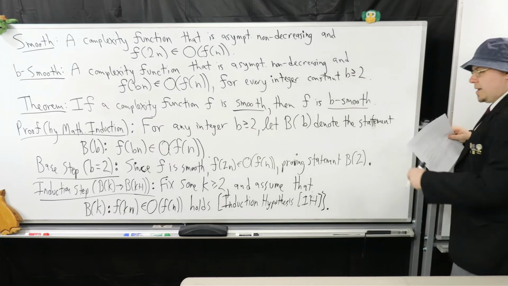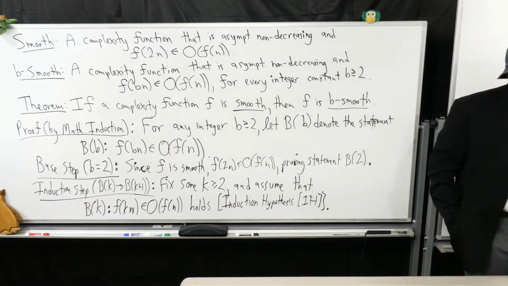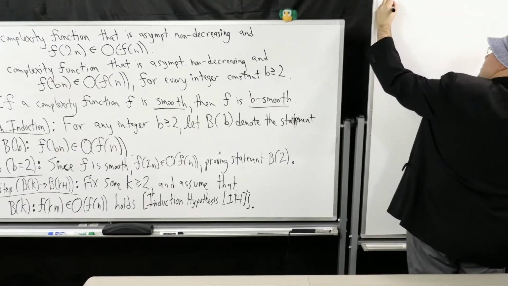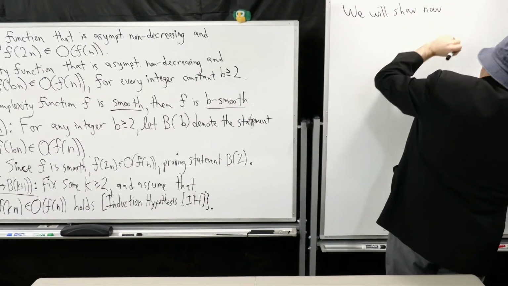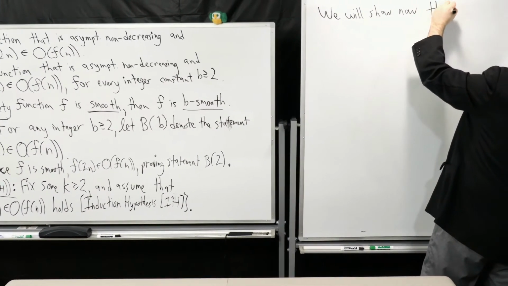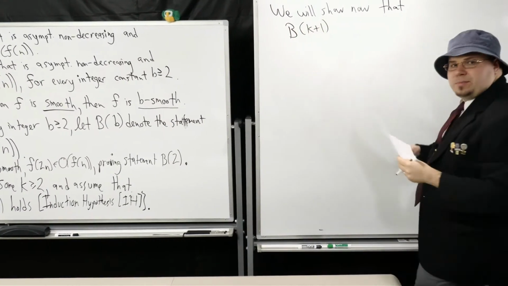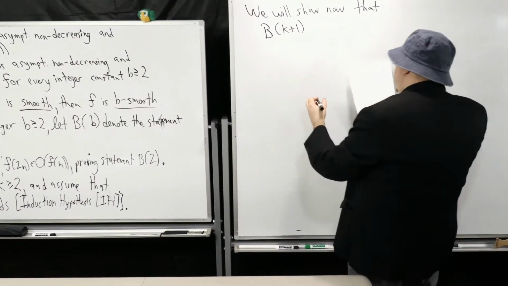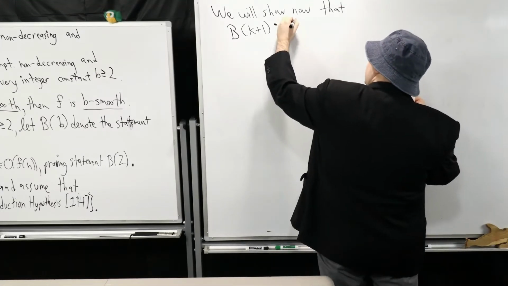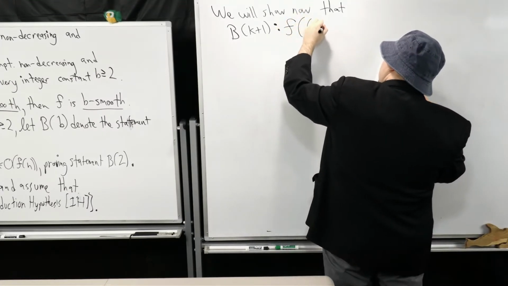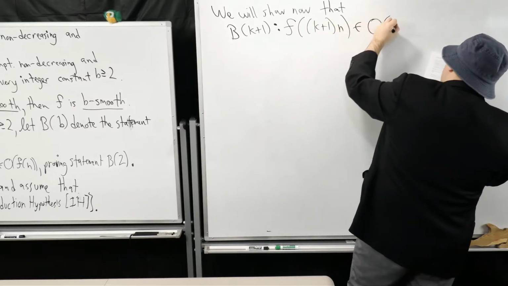So I'm going to assume that B of k holds, and I'm going to show you how you get B of k plus 1. So we will show now that B of k plus 1, so let's just say what that is. That's f of k plus 1 times n is big O of f of n.